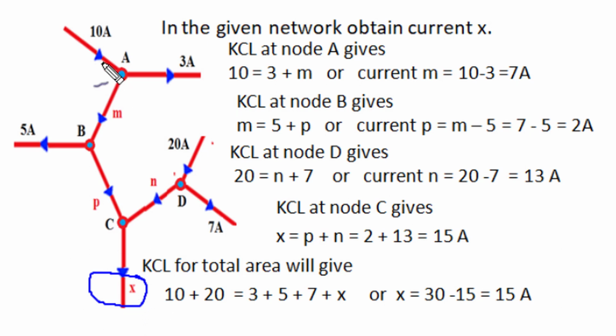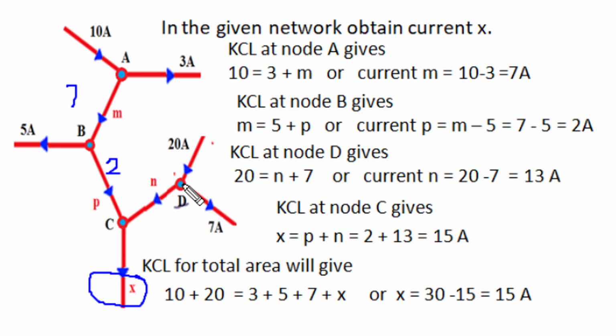If we apply Kirchhoff's current law at junction A, the incoming current 10 is equal to the outgoing current 3 and the branch current M, which can be obtained as 7 ampere. This 7 ampere is the incoming current to junction B and 5 ampere is the outgoing current at junction B, so the remaining P current is 2 ampere.